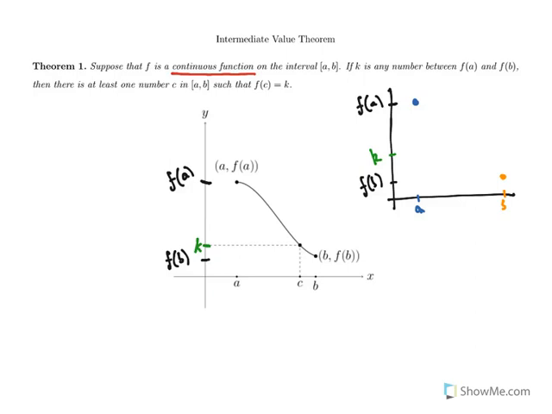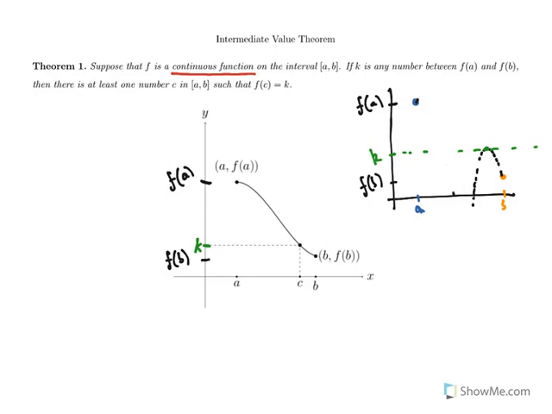Draw a continuous function that connects these 2 points any way you want, as long as it's continuous, and try to do so that it does not pass through that function value k. I did not succeed because I actually passed through it twice, it looks like. All right, so the intermediate value theorem says that's supposed to happen, but I urge you to try and convince yourself that you cannot do that because you can't. It's not possible unless you have some discontinuous thing.